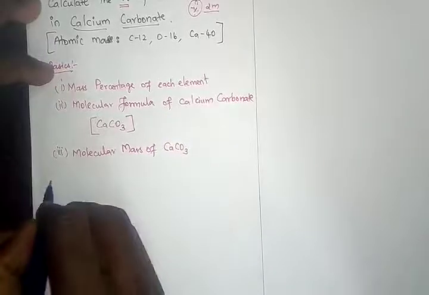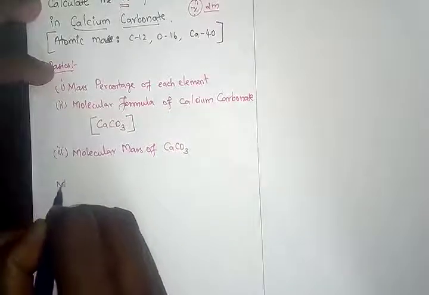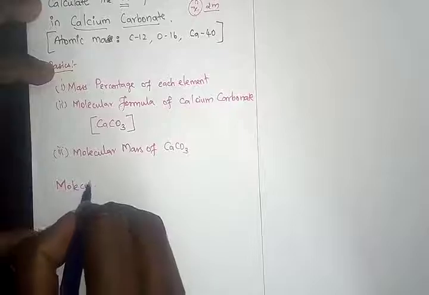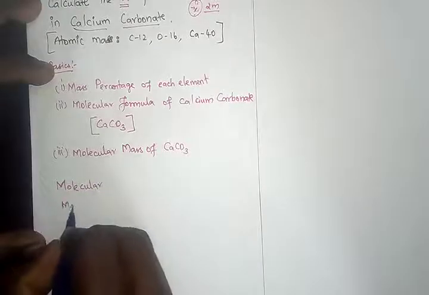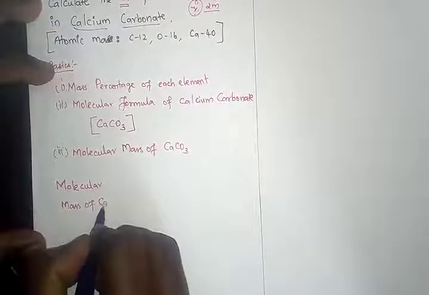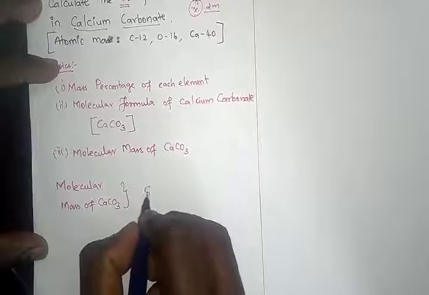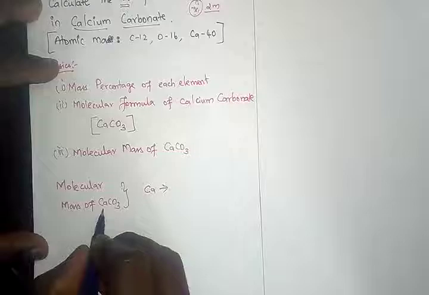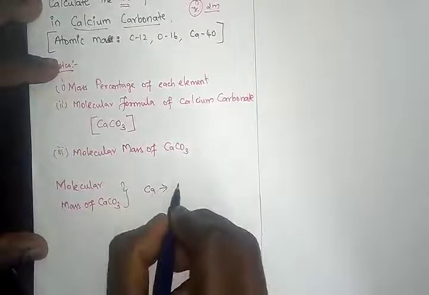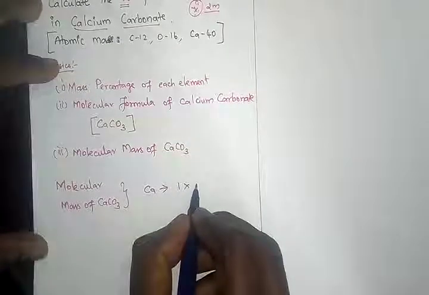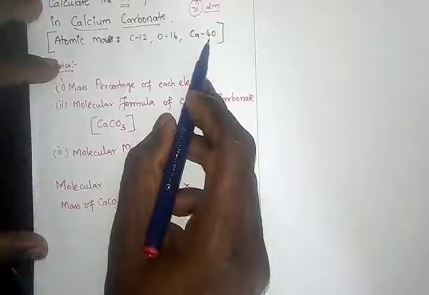So let us calculate the molecular mass of calcium carbonate. Let us calculate for the calcium first. How many calcium we have in the formula? 1. So 1 into the atomic mass, which is already given, 40.